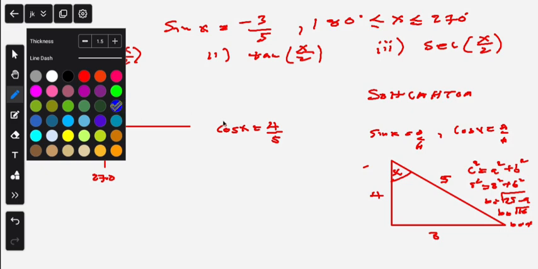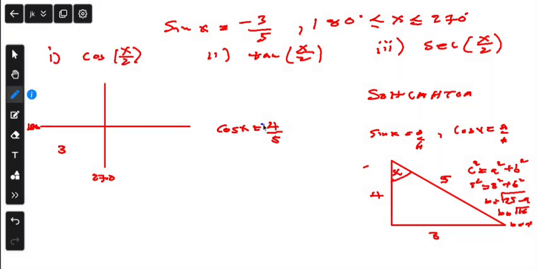So here we're supposed to put a negative, so we have negative 4 divided by 5. Now what about tan? Tan in the third quadrant is positive, and tan is equal to opposite divided by adjacent. So the opposite there is 3, then the adjacent is 4. So this is what we have.